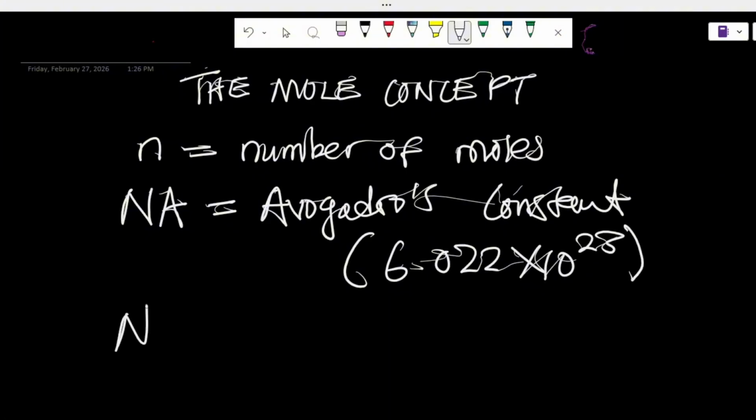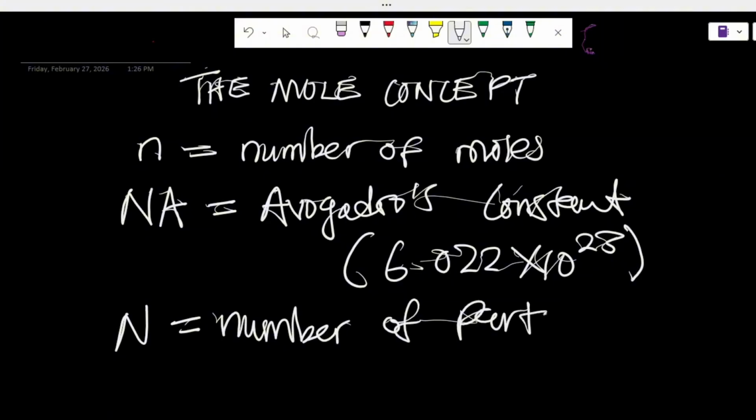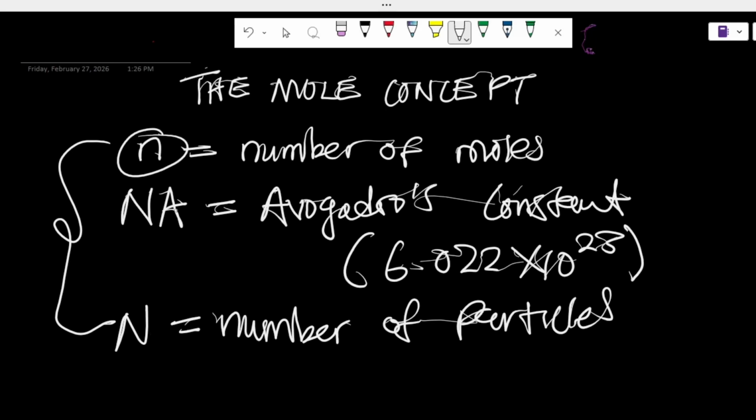Now, N is actually pointing to the number of particles. So when we have these three, we can find either the number of moles, or the number of particles. So if we have the number of moles, we can calculate the number of particles, because this Na, Avogadro's constant, is actually constant. It is this figure.